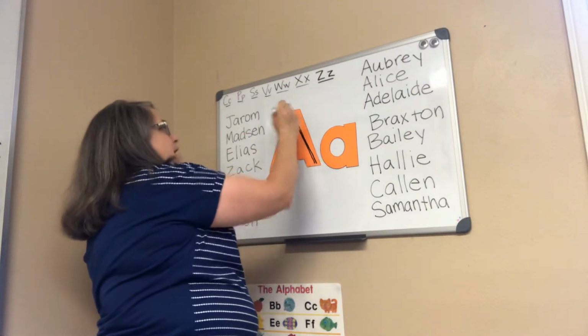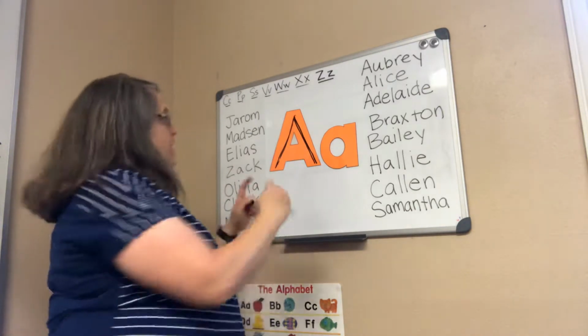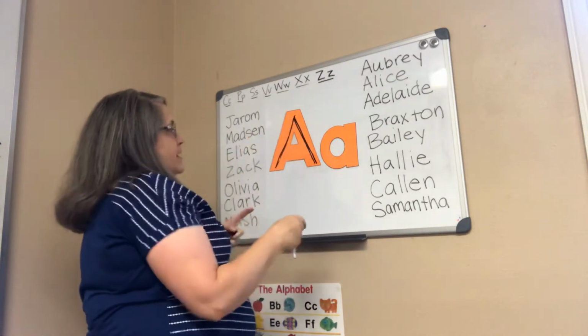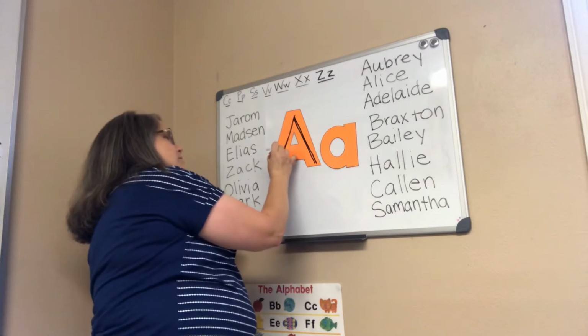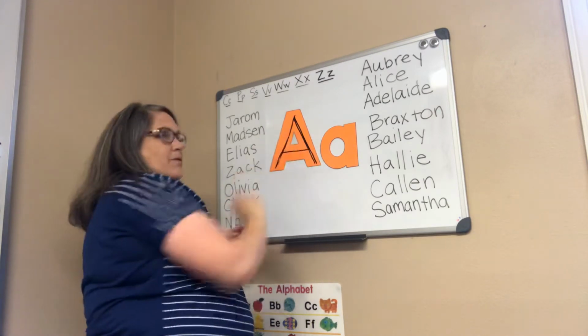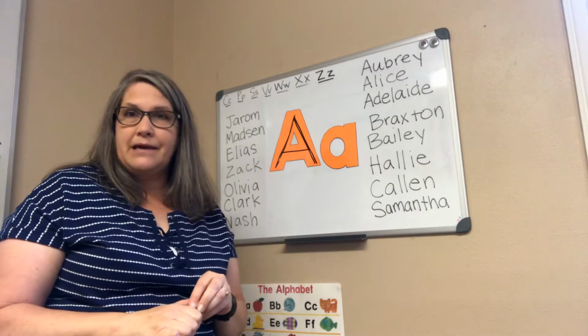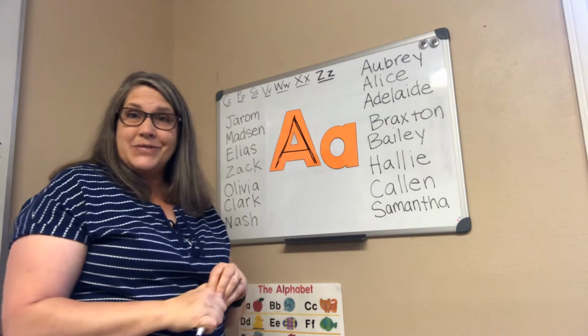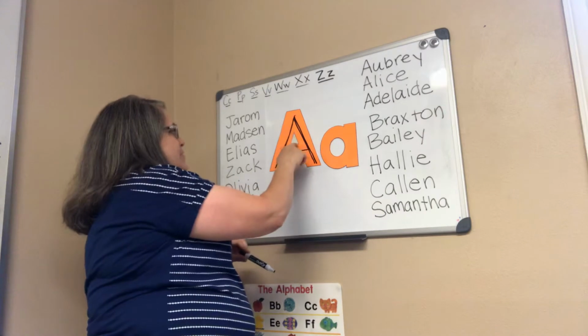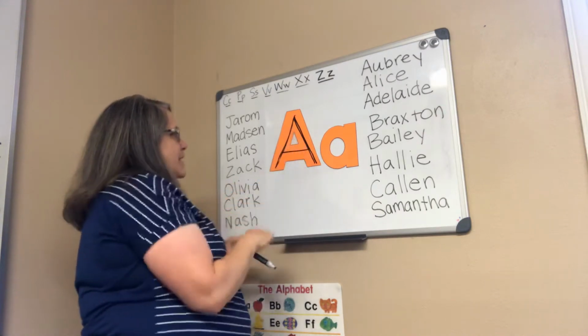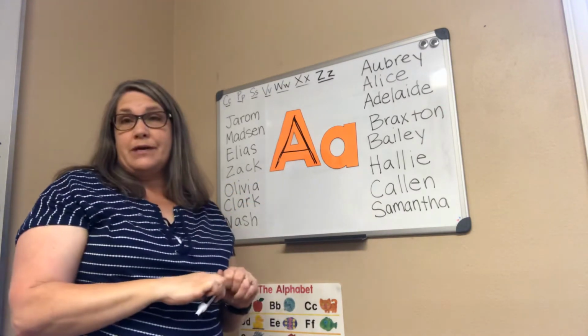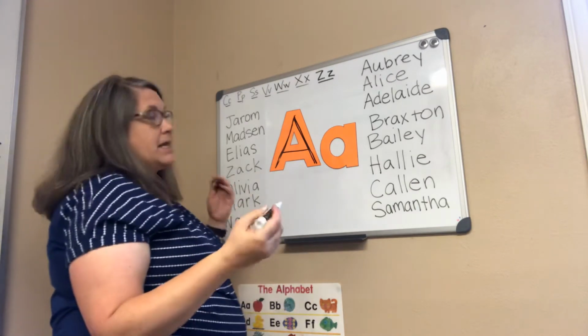And we want to make a nice sharp angle up there where two lines come together. And then we do another one straight across. And when we do that, what shape do we make in the middle of uppercase A? It's a triangle with 1, 2, 3 angles where the lines come together. All right, so that is how we make uppercase A.